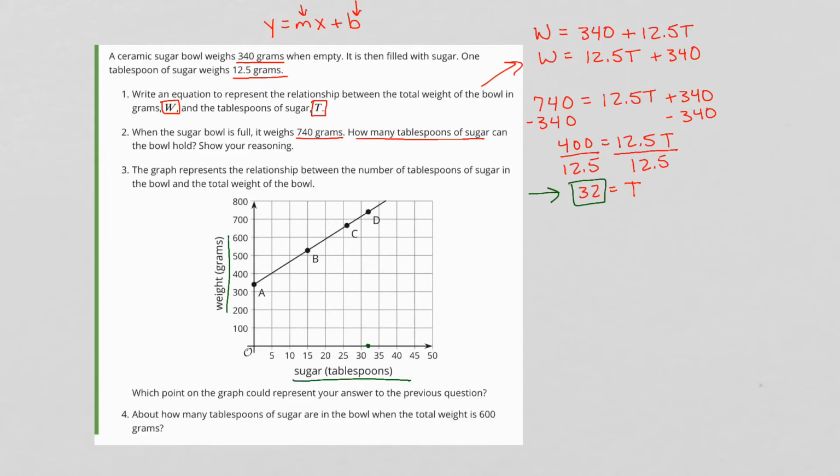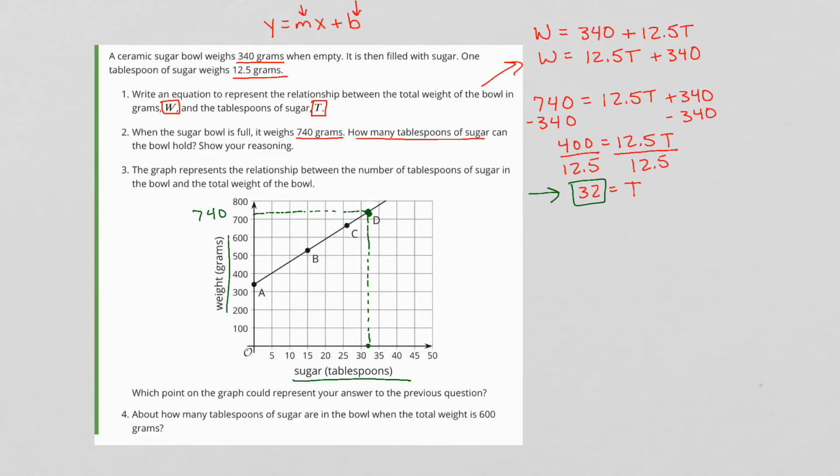So if we go up, we're going to end up here at point D. Well, if we go across, that looks about right. Our weight is about 740 grams. So that represents the solution that we came up with in problem number 2.